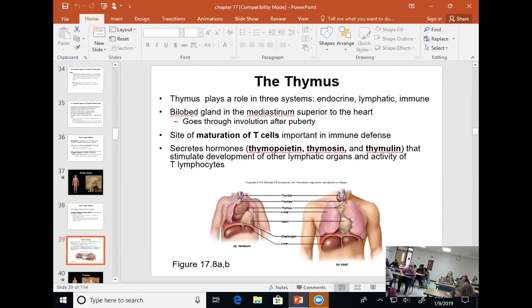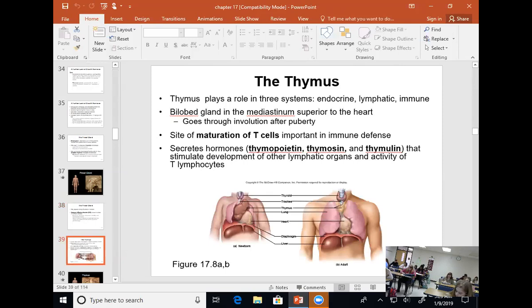But there's a special type of one of those white cells. The stem cells are found in the bone marrow, but this special type can't mature unless the thymus gland is secreting these hormones. Just know thymosin. This hormone helps with the maturation of a special type of white blood cell called T lymphocytes.